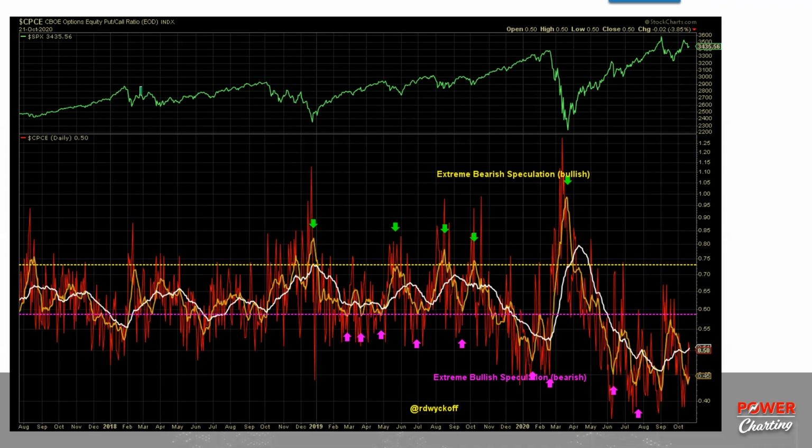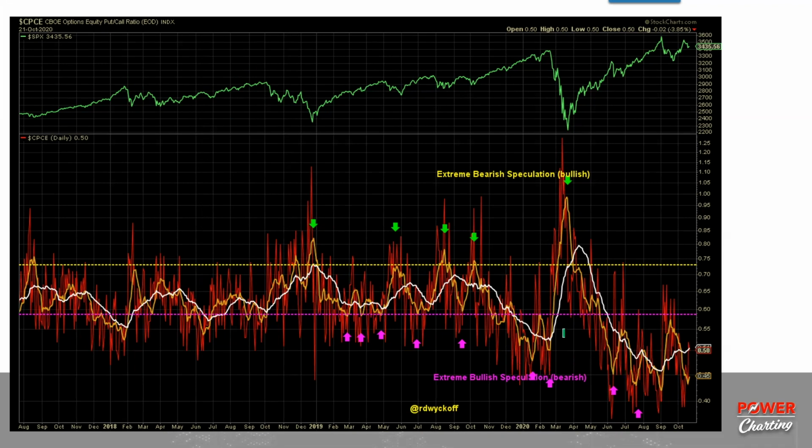This was a massive bullish climactic action here in the S&P. Also, this was a test, a very large testing area, and these areas did not produce the ratio of call buying that we've had here in the second half of 2020.